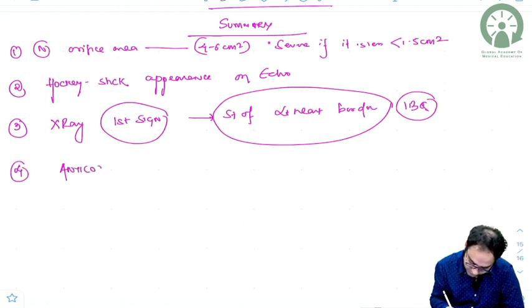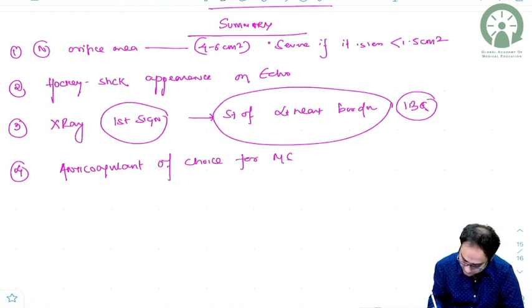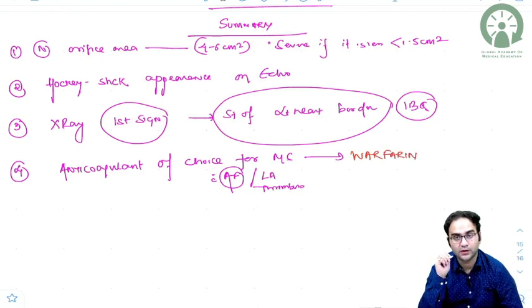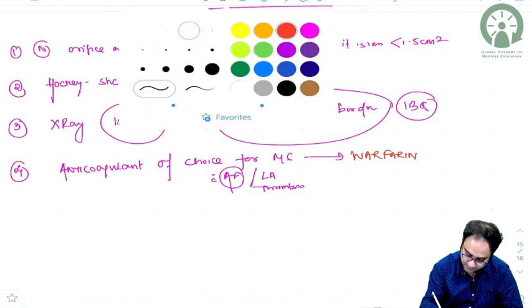Fourth, anticoagulant of choice. Anticoagulant of choice for MS with atrial fibrillation or LA thrombus is always warfarin, and not novel oral anticoagulants, right?